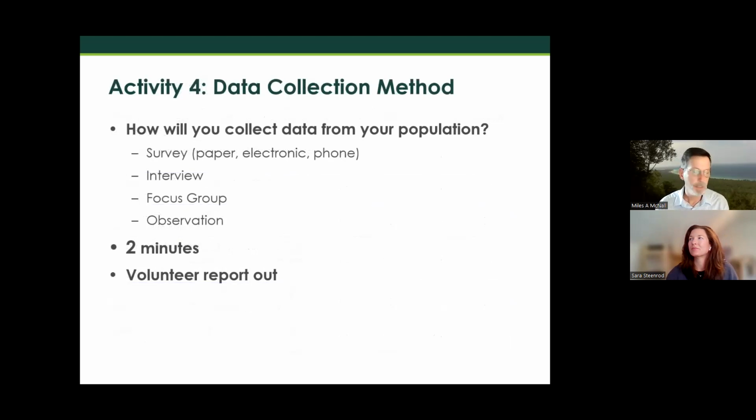Given the time, I think we'll skip over activity 4, which is the data collection method. I'll let you contemplate that on your own. Whether you're going to use surveys, interviews, focus groups, observations, or some combination of those things.